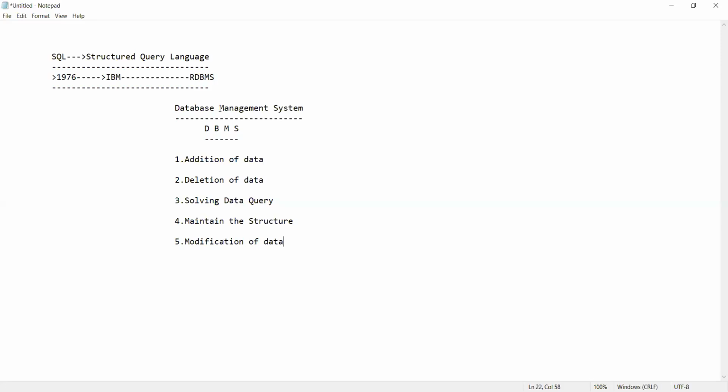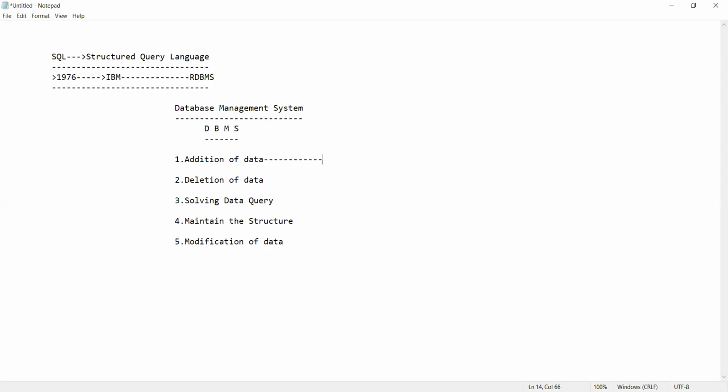So first of all, when we talk about the addition of data, what do you mean by addition of data? The database has a system, and that system is called the management system. This management system will manage the database.